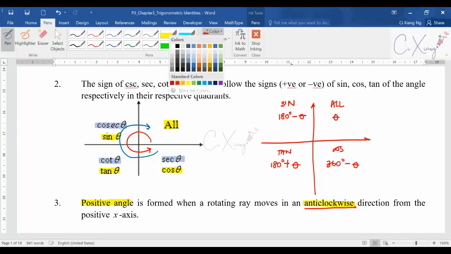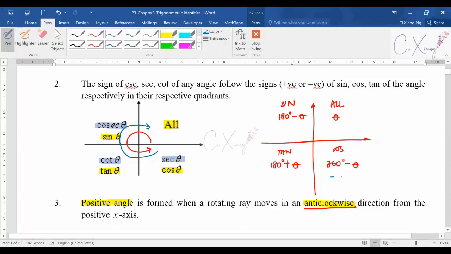Then for negative angle, what I usually do is, starting from the first quadrant and going to the fourth quadrant, we start with negative theta, then negative 180 minus theta, negative 180 plus theta, and then negative 360 minus theta.